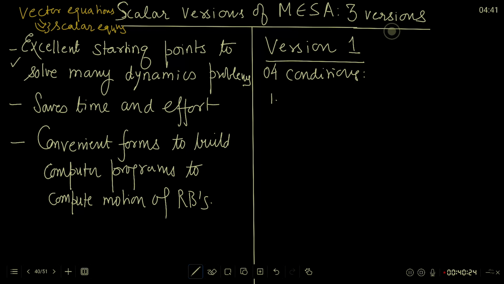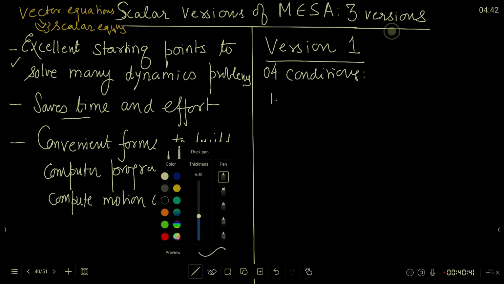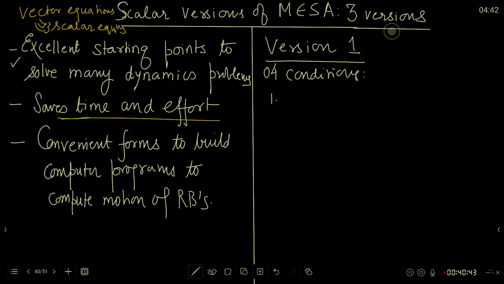Once I derive the three scalar equations, I keep them handy whenever I am trying to solve a problem, rather than deriving the scalar equations first every time. That's what I mean by saving time and effort. Later, it will save time and effort for me.